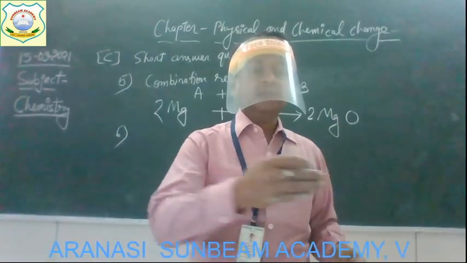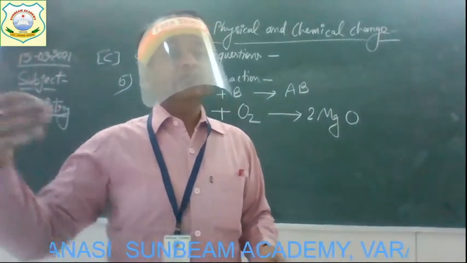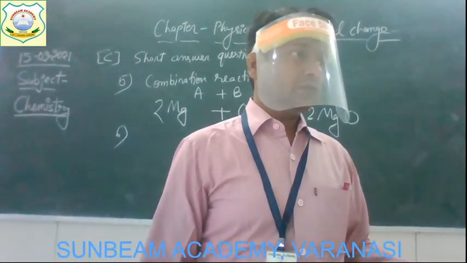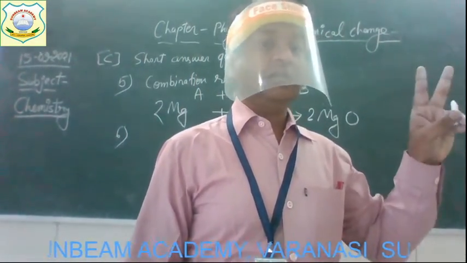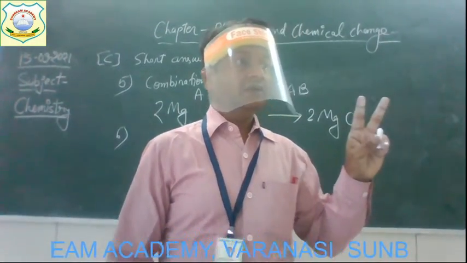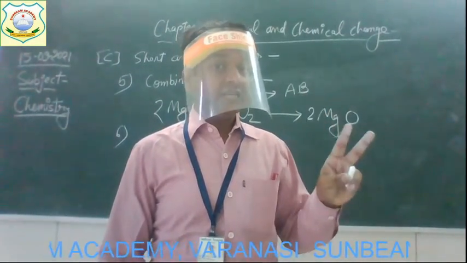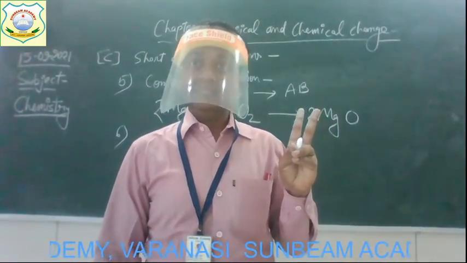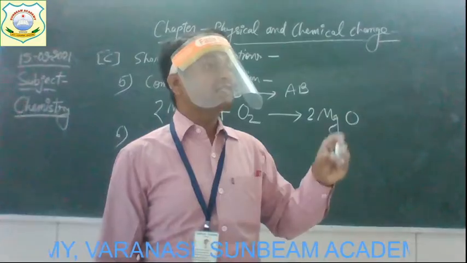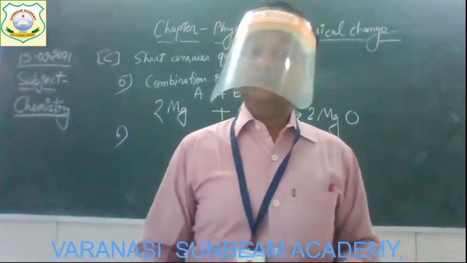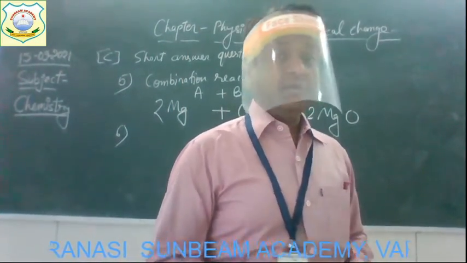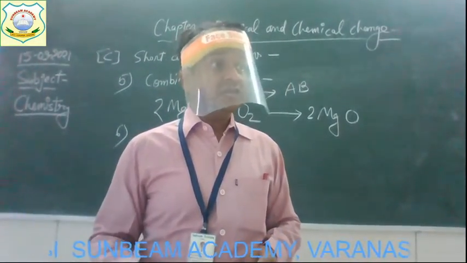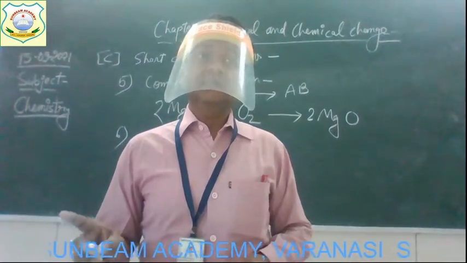When any chemical reaction occurs, at what time can we say that a substance is reduced? There are two conditions: either loss of oxygen or addition of hydrogen. So you can write the answer as: a substance is said to be reduced in a chemical reaction when it loses oxygen or adds hydrogen.